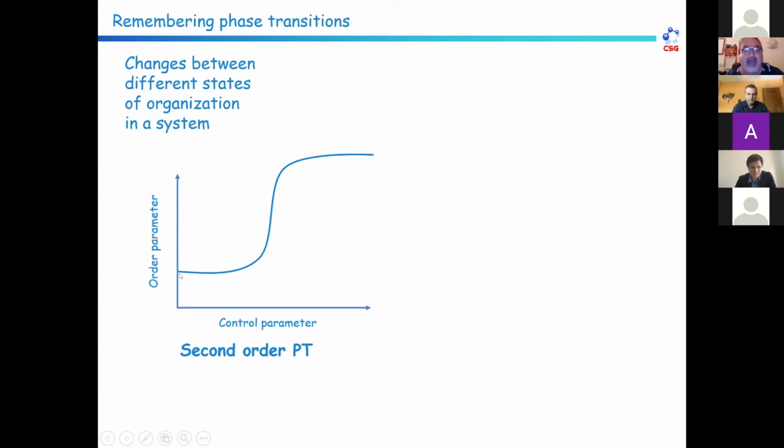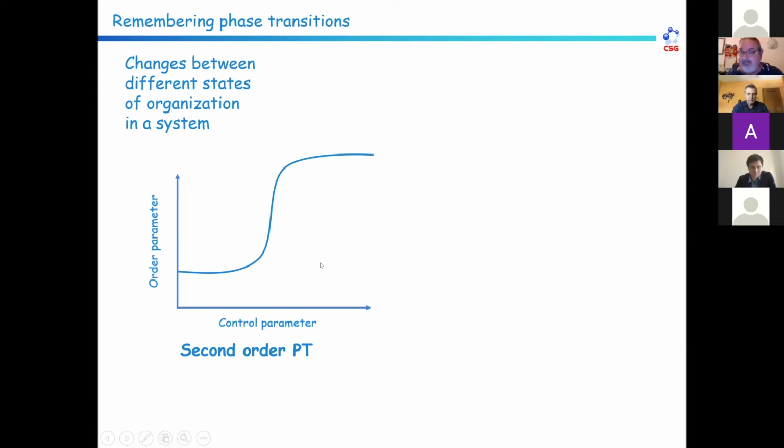This implies that if you prepare the system in state 1, and you gradually increase the control parameter, you will have a transition to state 2 by means of a continuous smooth curve, and reversible. Reversible means that if you do the opposite, that is, you prepare the system in phase 2 and you gradually decrease the control parameter, you are making the same transition exactly on the same curve. So it's a purely reversible system.